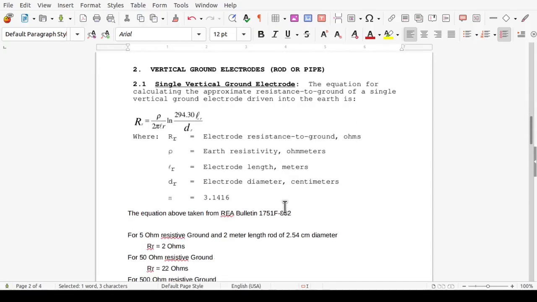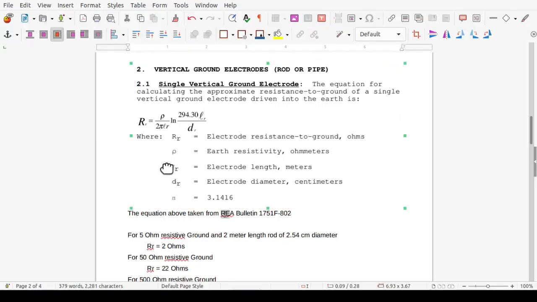But in this portion of my notes, we have vertical ground electrodes. We have this formula, the single vertical ground electrode. When I drove my stake into the ground, in our last discussion, I simply declared it as being 2 meters long. That is, let's see, length, right there.